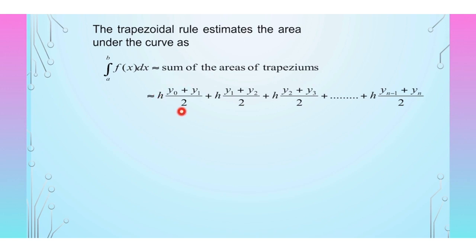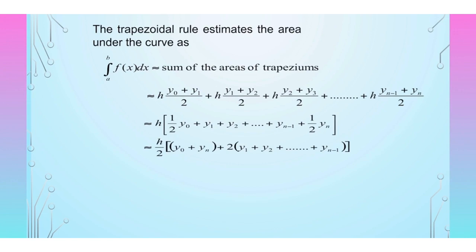This is the area of the first trapezium, the second trapezium, the third and until the last trapezium. So this is h, the width, times the sum of the parallel sides, then over 2. You can see h, so it can be factorized.